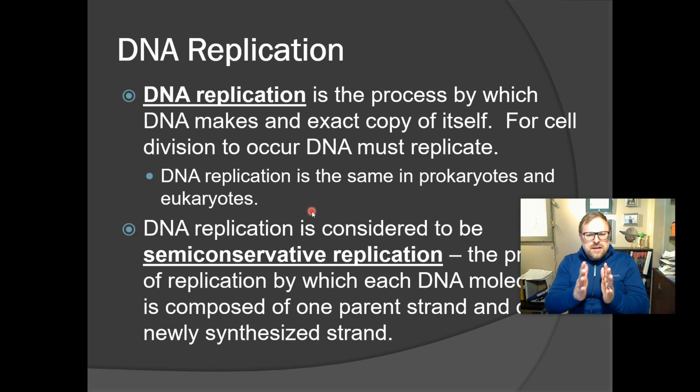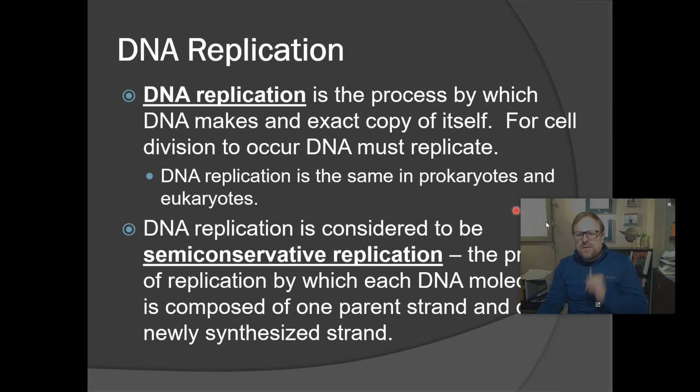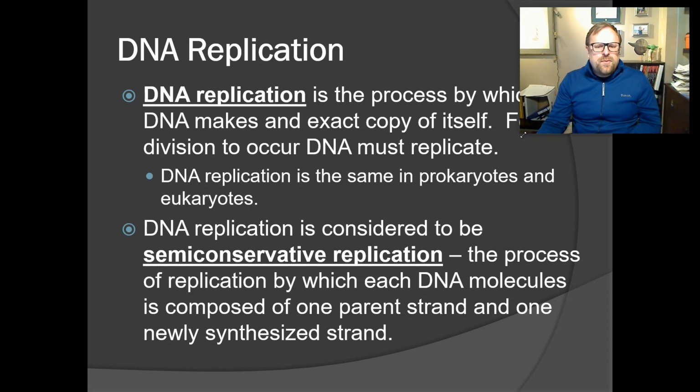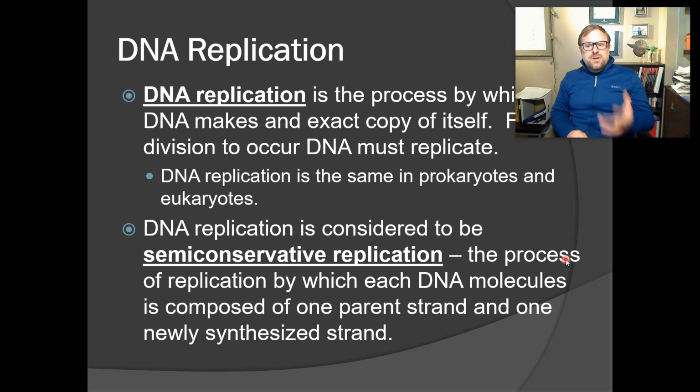I'm not going to dig too deep into prokaryote versus eukaryote. Just remember that one has to do with having a nucleus, one not, and there's a few other subtle differences in there that I believe the Amoeba Sisters go through pretty well for you. DNA replication is considered to be what we call semi-conservative. That's an important term and something I would like you guys to highlight right now if you haven't already.